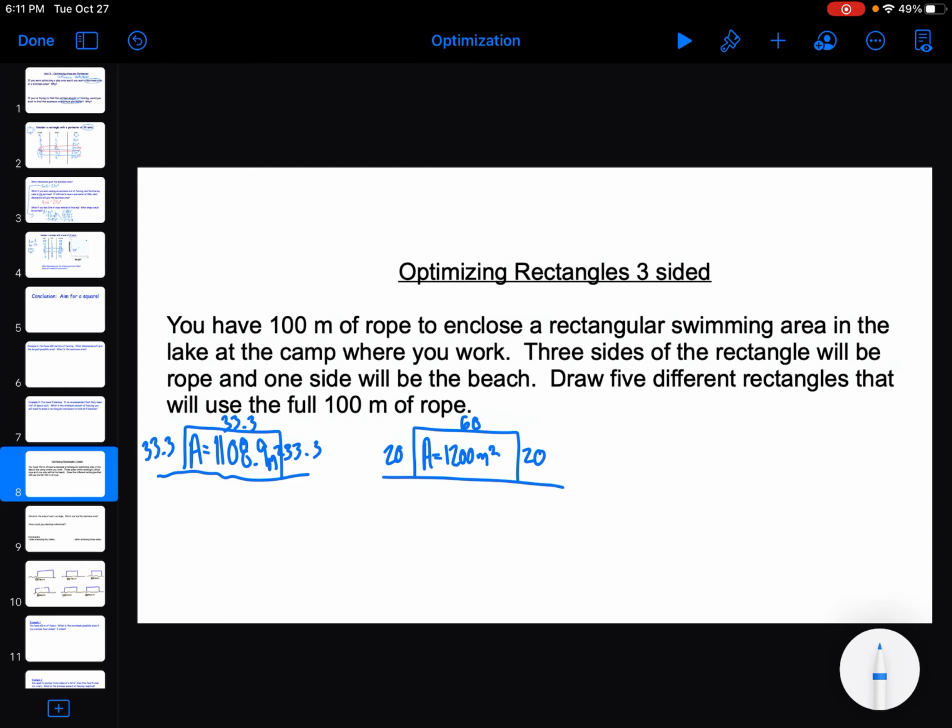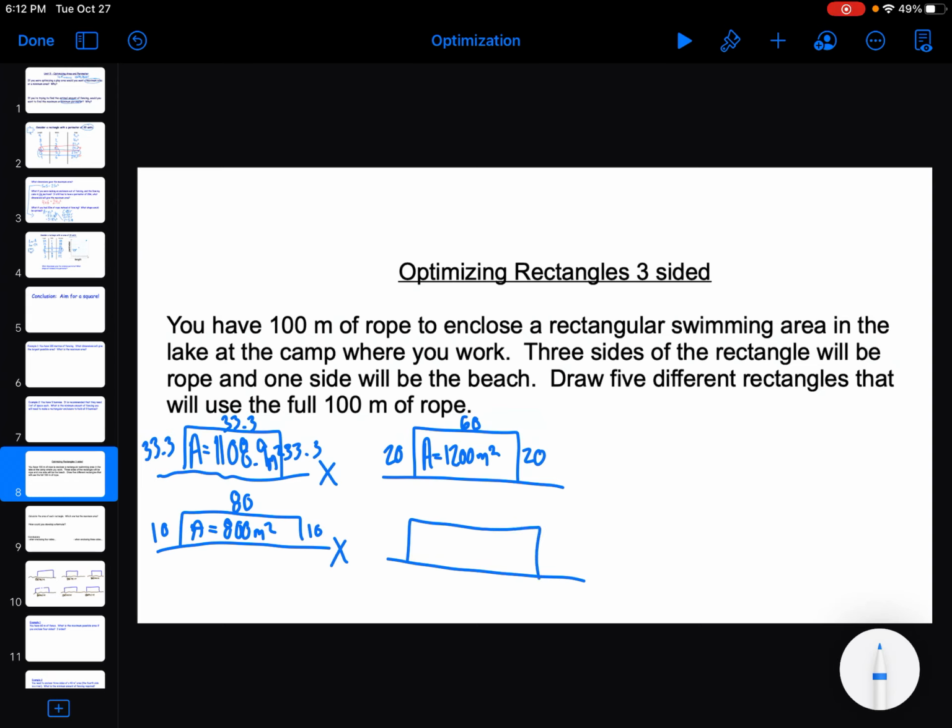Well, that's bigger than 1,109. What if we keep going smaller, with 10 and 80? Well, 10 times 80 is an area of 800 meters squared. That one's not any better. So this one's no good.